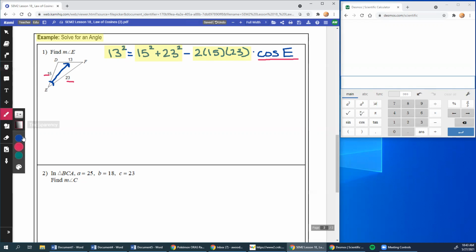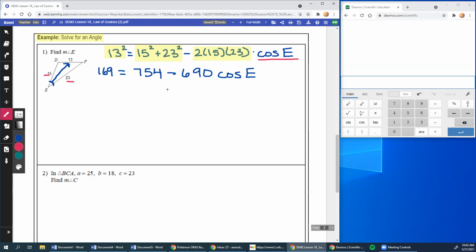So I'm simplifying 3 things in one go. So 13 squared is 169. 15 squared plus 23 squared is 754. This minus stays a minus. And then 2 times 15 times 23 is 690. And then we still have cosine E.